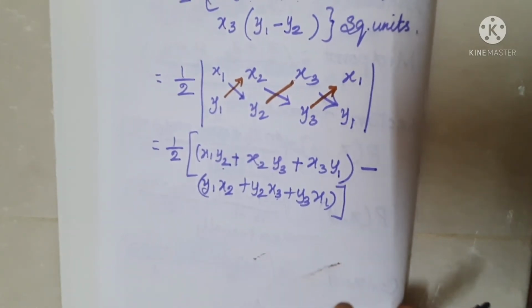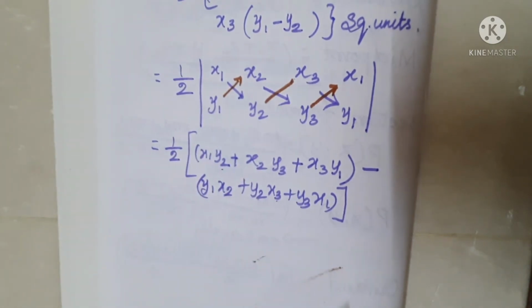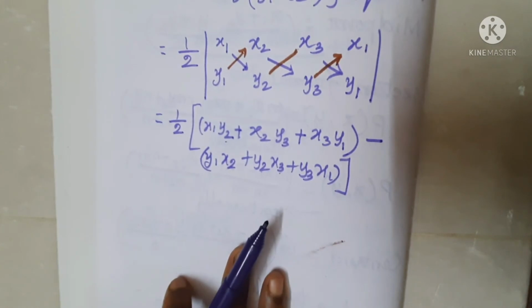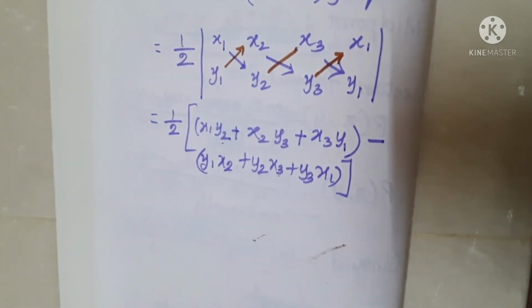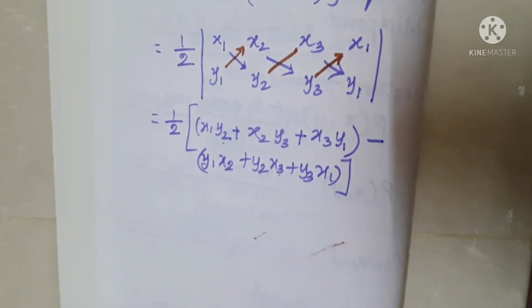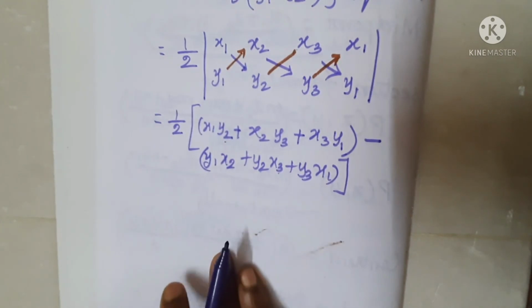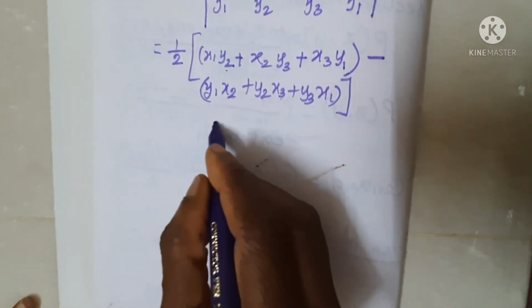Here, if the 3 vertices are given, first you plot the points on a graph, drawing the graph on paper. Then you plot the points and you have to take them in order. Taken in order means you take them in the anti-clockwise, that is counter-clockwise, direction.